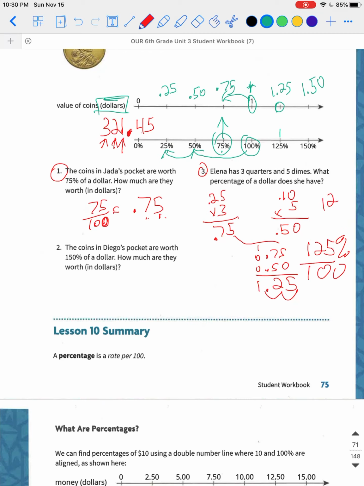It's 125%. It's not $1.25%, it's 125%. You got to remove that decimal place when you place it over the 100.